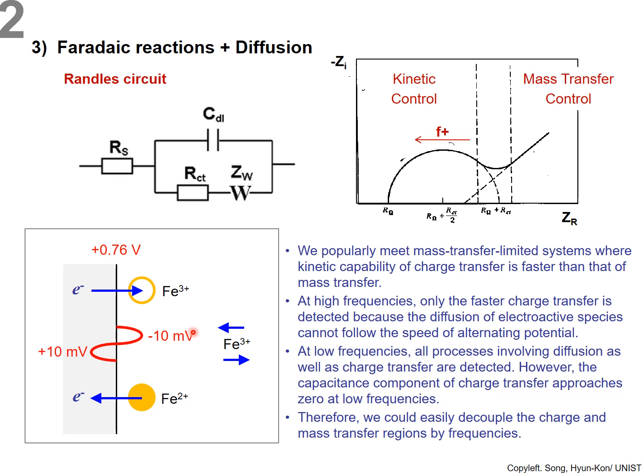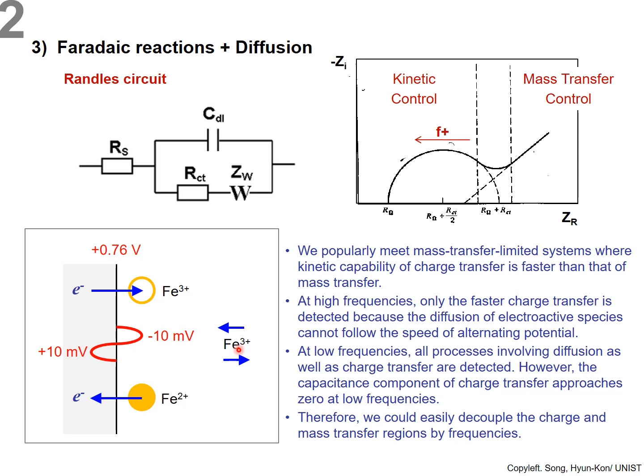That is to say, at very fast alternation of potential from minus 10 millivolt to plus 10 millivolt or vice versa, Fe3+ cannot move toward or out of the electrode at such very fast frequencies. Of course, if you are using a very slow change of the potential, then Fe3+ could move toward or out of the surface.